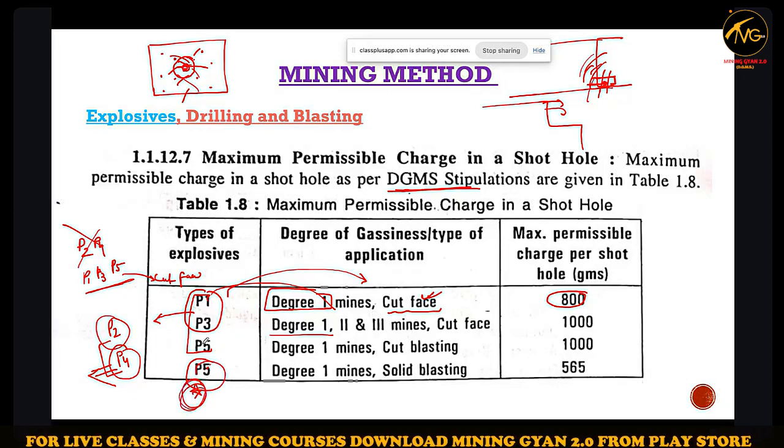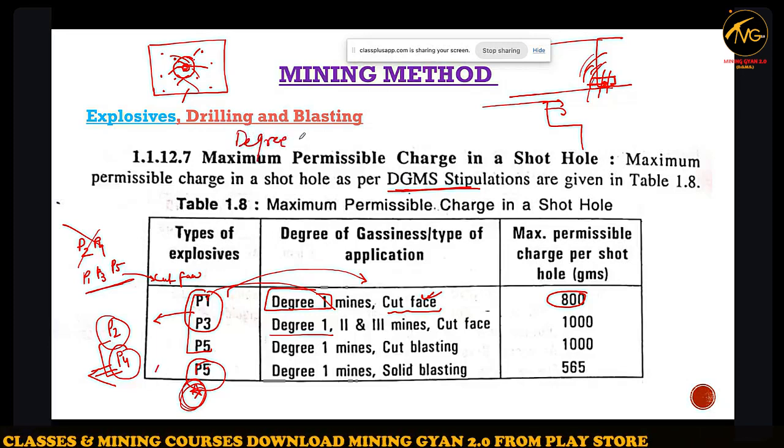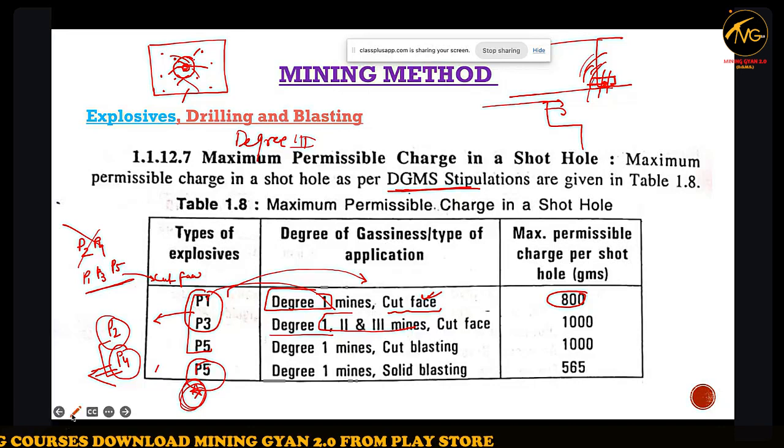Or you should also know, if they ask which type of explosive we need in degree 1, degree 2, degree 3, we need P3. P1 or P5 we do not use in degree 2 and degree 3. We only use P3.